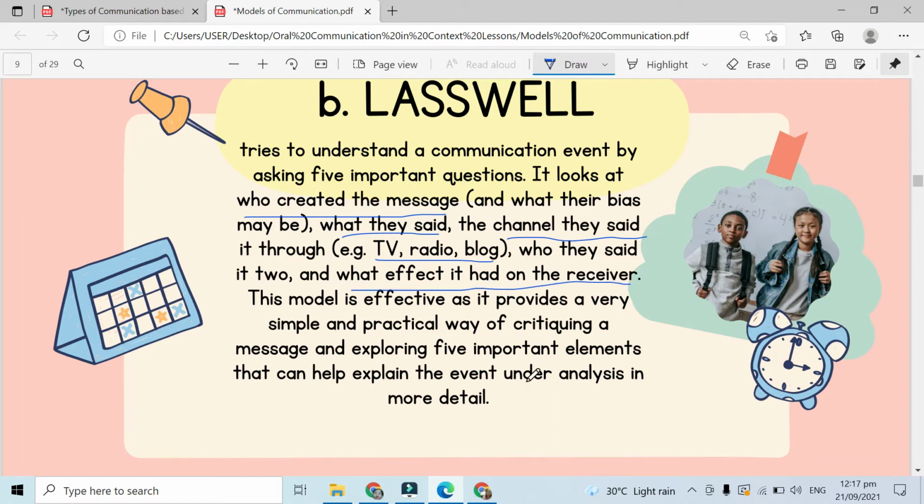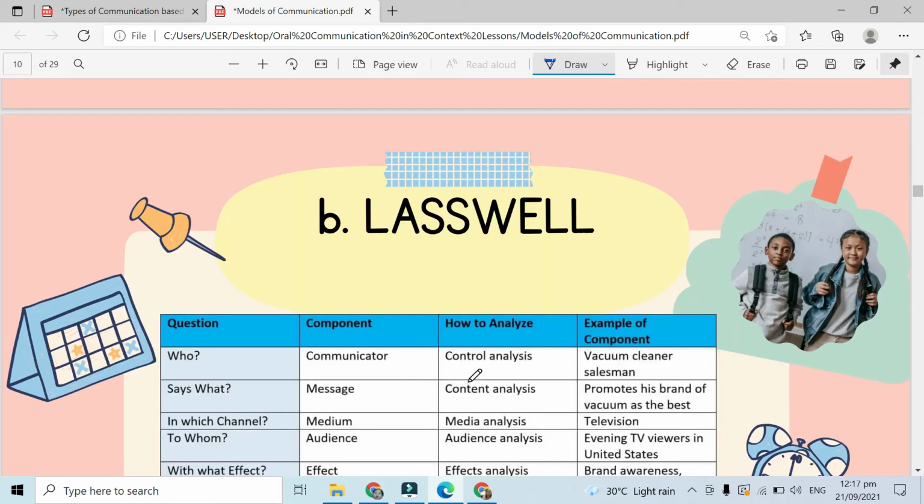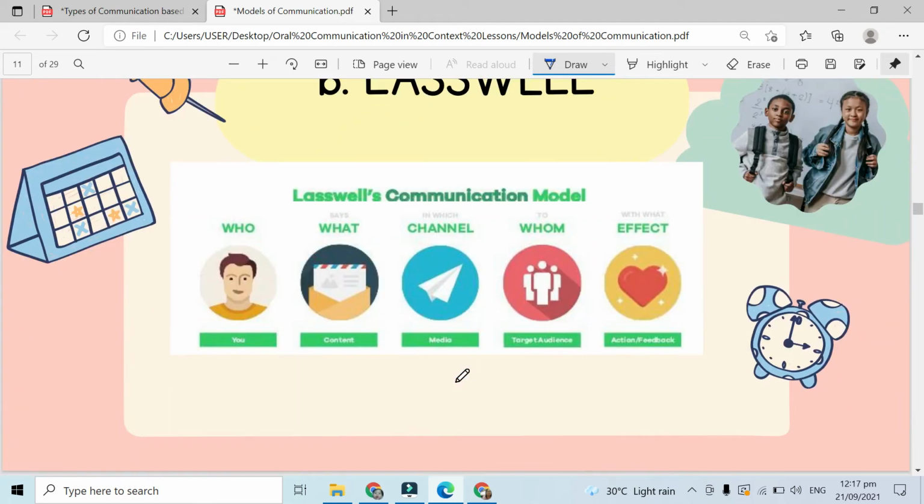So this model is effective as it provides a very simple and practical way of critiquing a message. It is almost the same as Aristotle, but very different in terms of the channel.